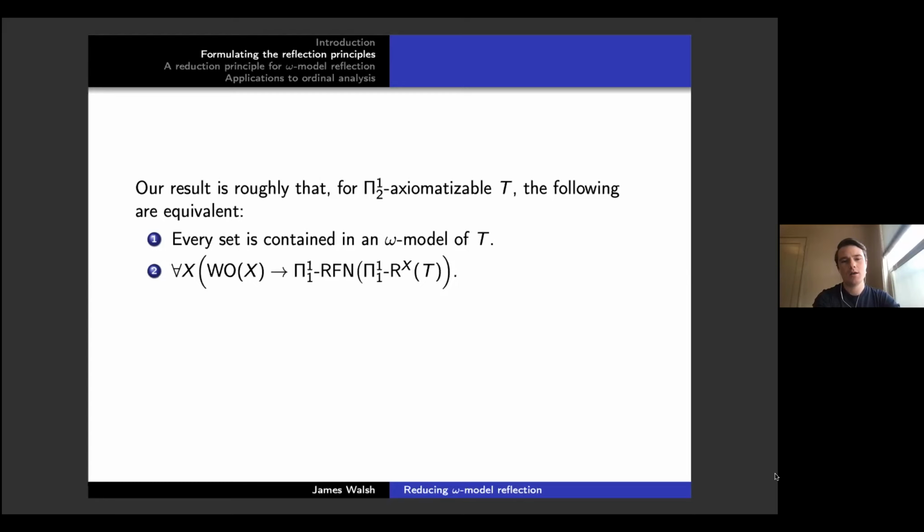So if you were to look at the first principle, you see that this is a Π^1_2 statement, right? For every set, there exists an omega model. And as we saw, this is a comprehension principle. It has set existence consequences. You can axiomatize lots of theories in this form. Now, if you were to look at a specific iteration of Π^1_1 reflection along a presentation of an ordinal, you would get a Π^1_1 theory.